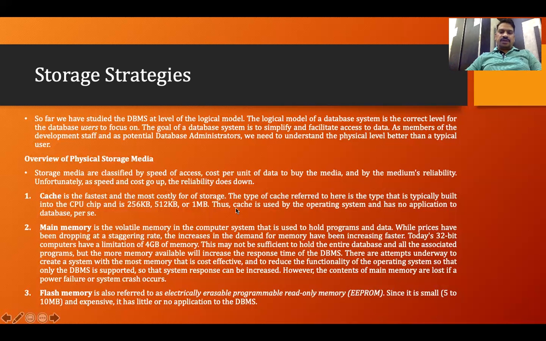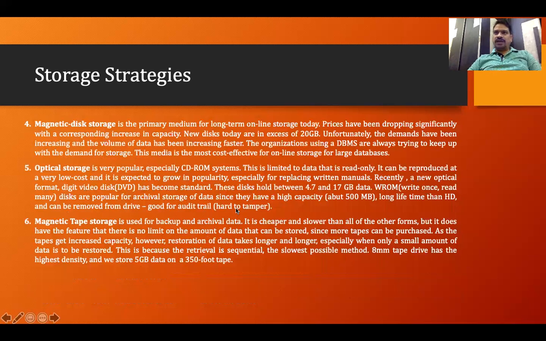Okay. Now the next memory, so we are in increasing order of capacity. Now the next one is the magnetic disk storage, which is your hard drive. We can say it is your secondary memory. Price is less. Storage capacity is high.